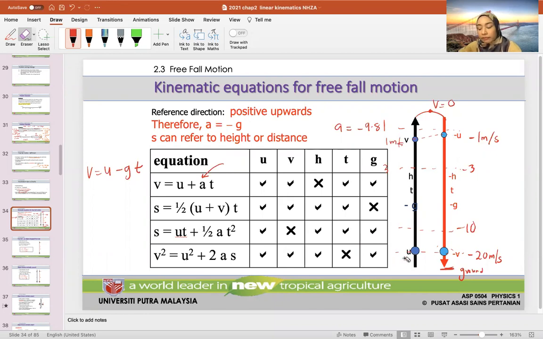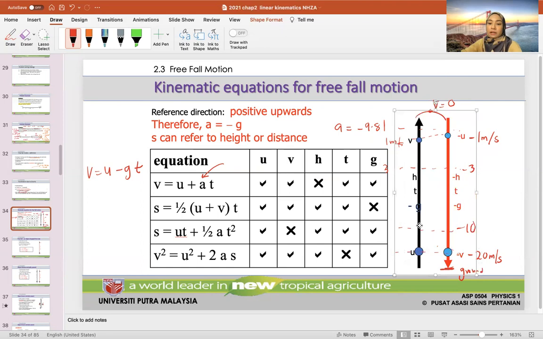Now I say the left and the right side, right? Tapi sebenarnya bila kita buat free fall, kita naikkan ke atas, dia turun kat tempat yang sama. So basically it happens at the same place. I hope I'm making sense. So basically the red line dengan black line ni overlap. So kita separatekan dia supaya kita tahu ada dua motion yang berlaku, going up and going down.